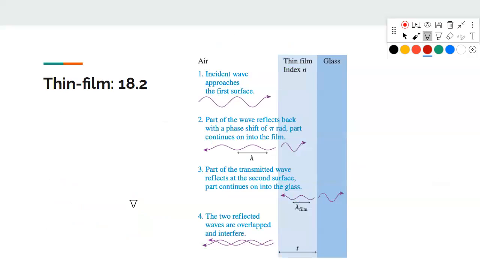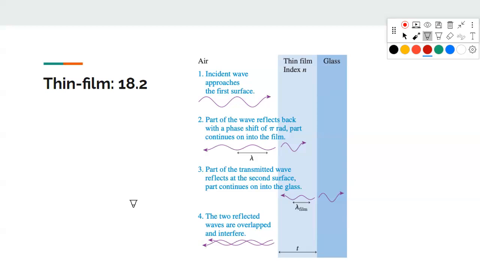Okay, so now we can look at what actually happens when we have a thin film. If you're wearing glasses, you probably have this happening on your face right now. Most glasses have an anti-reflective coating that uses a thin film to destructively interfere light that's bouncing off. In the case of a thin film, step one, we have a wave approaching.